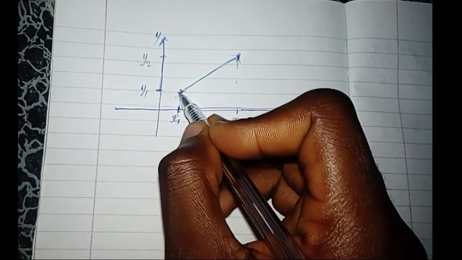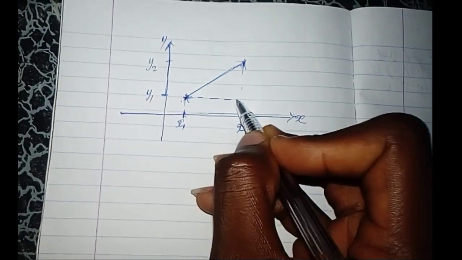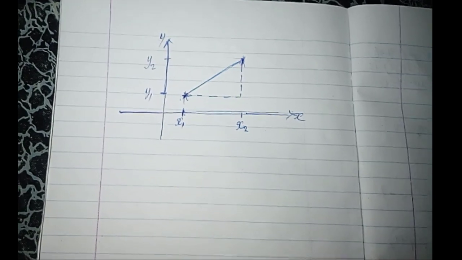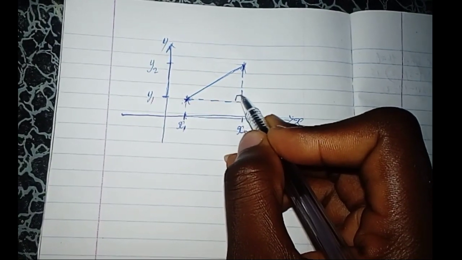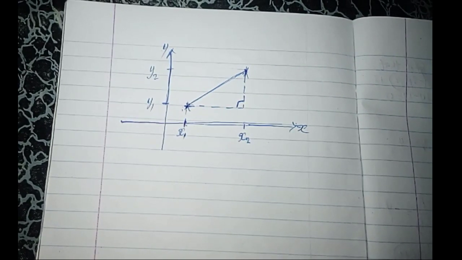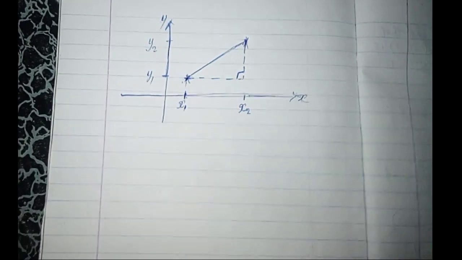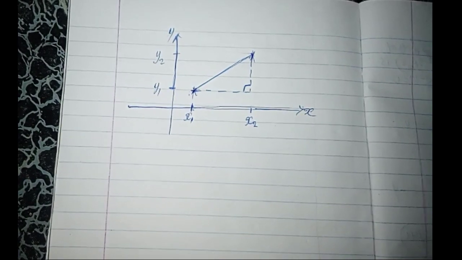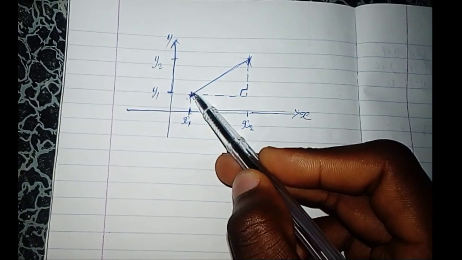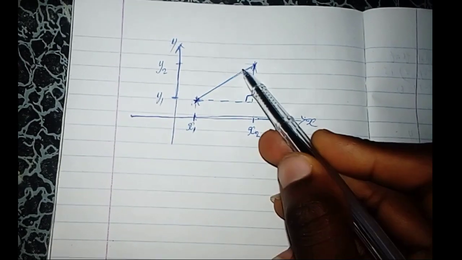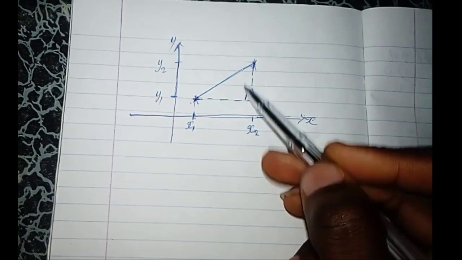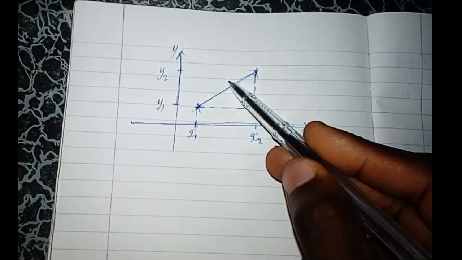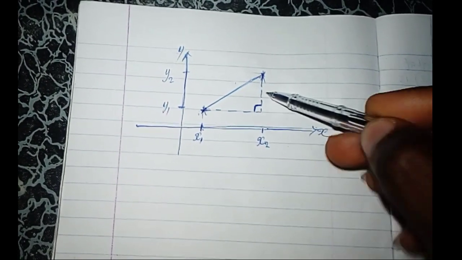Looking at a perfectly right angle triangle, we know from Pythagoras theorem, a man called Pythagoras brought out a theorem that the line which is always the longest, also called the hypotenuse, that is facing this 90-degree angle, the square of that line is equal to the square of the line at this side plus the square of the line at this side.